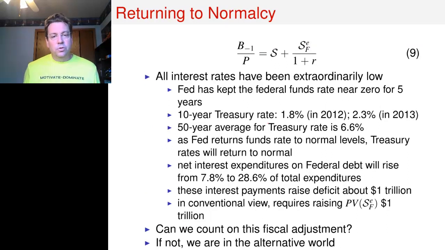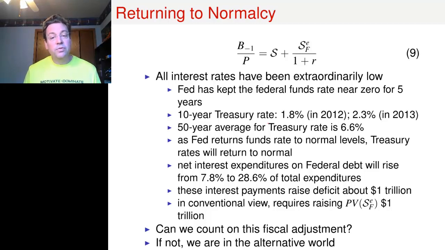Now, what's going to happen when the U.S. economy returns to normalcy? So as I just said, interest rates have been extremely low, and in fact, the Fed has kept the nominal federal funds rate at about zero for the past 5 years. The 10-year Treasury rate averaged 1.8% in 2012 and 2.3% in 2013.